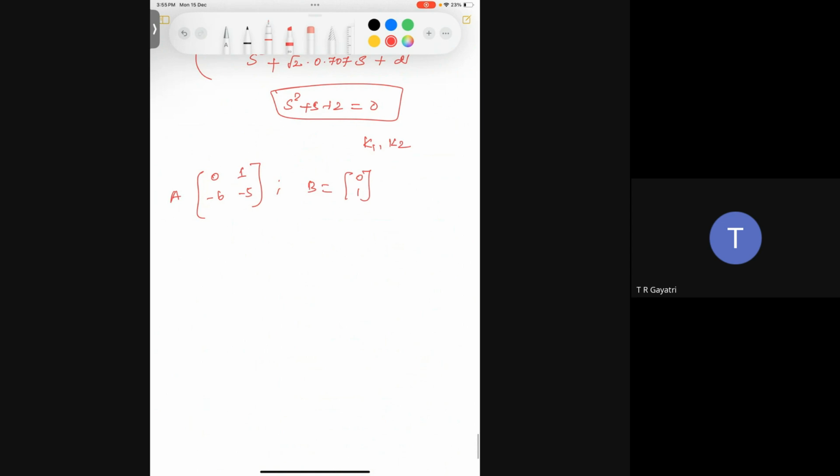Can we find the K1, K2 now? Or is there any other step in between?